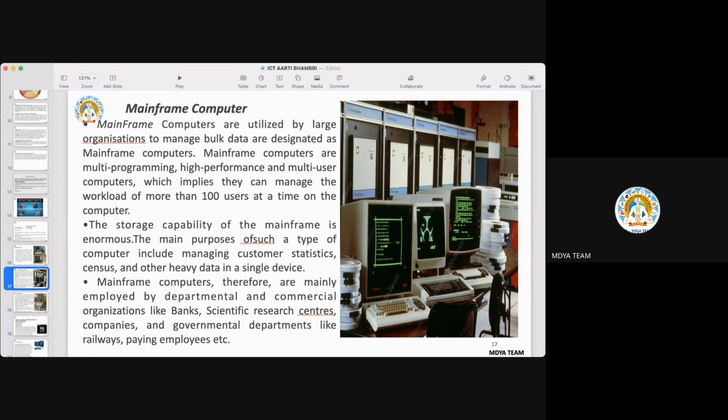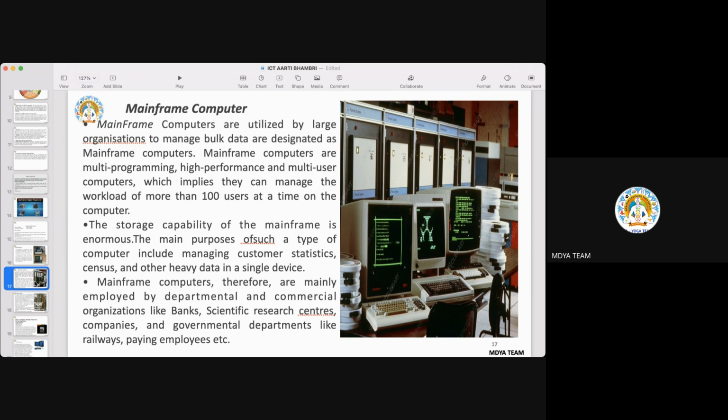So they are larger, powerful, multi-user computers. Multi-user means in a single computer a group of people can operate it, because they are designed for special purposes.